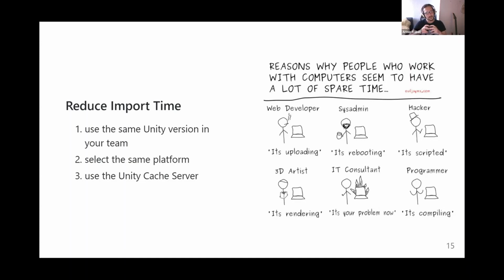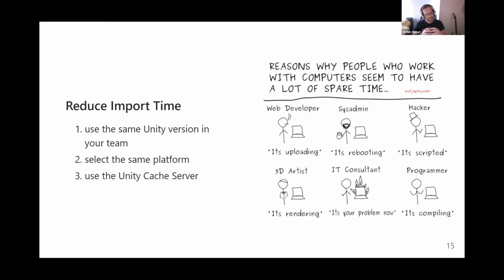The next thing is, and this does not work for everybody because developers have to switch platforms, but you should actually select the same platform. So if everybody works with iOS selected or with Windows selected, especially the ones who are creating assets or adding a lot of assets. So the artists should select the same platform.